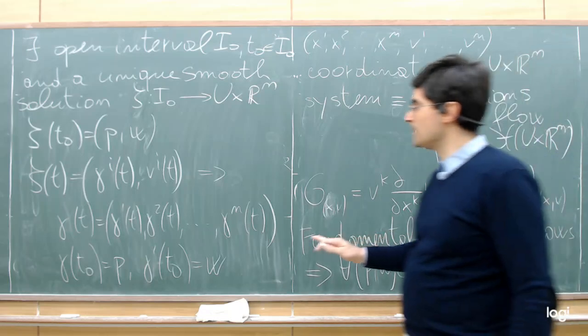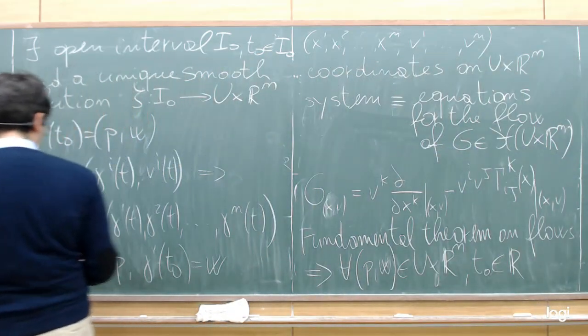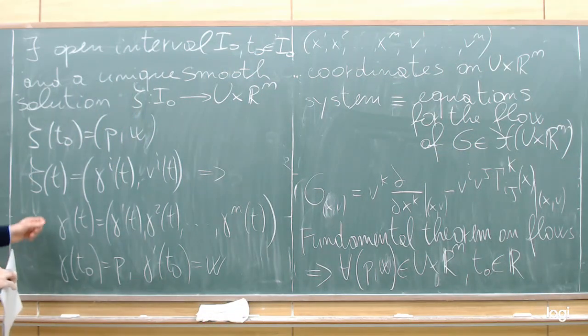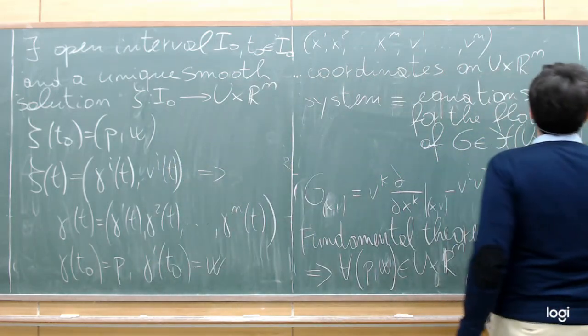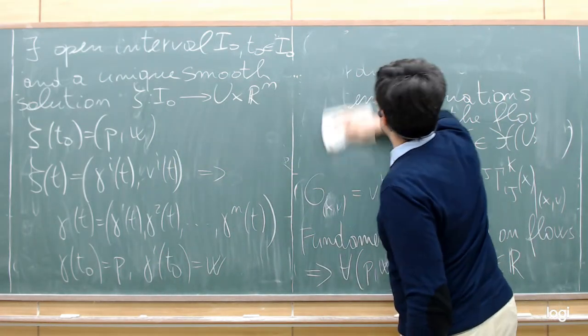So we were able to prove that such a kind of geodesic exists. Now we have to prove the uniqueness part.